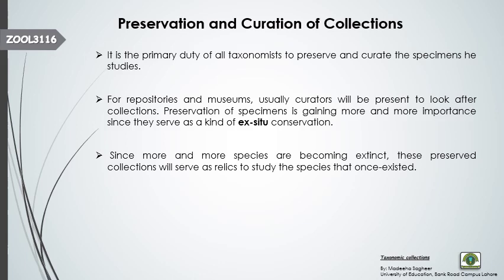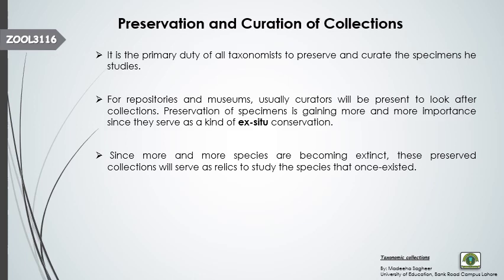So what is a zoo? A zoo is an ex situ conservation area. The species is not present in its original geographic area, but we have preserved it somewhere else. So this is what is called ex situ conservation, just to conserve them so they couldn't become extinct, right?